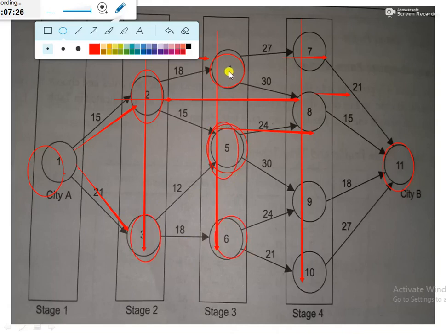Further, if the traveler chooses to go to point 4, then there will be 2 options to go from there to point 7 or to point 8. So the traveler can go from point 4 to point 7 or from point 4 to point 8, and from there again he may choose to go to the final destination, that is city B.